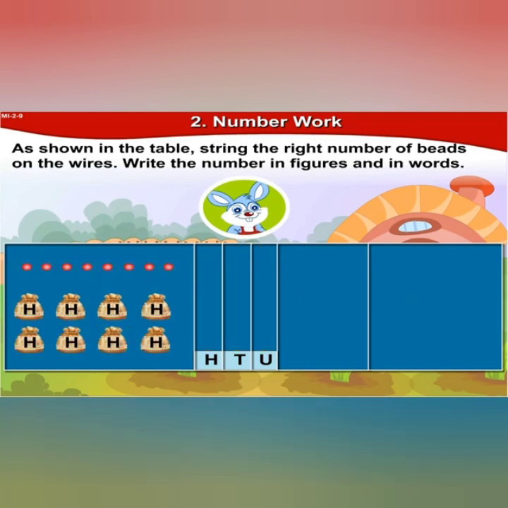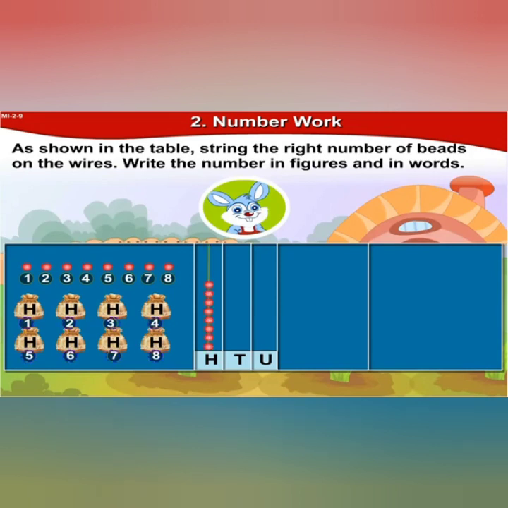Now let us see the next picture. We have units first. So we will count the extra beads first. 1, 2, 3, 4, 5, 6, 7, 8. Which means 8 units. There is no tens. Let us count the hundreds then. 1, 2, 3, 4, 5, 6, 7, 8. 8 hundreds.